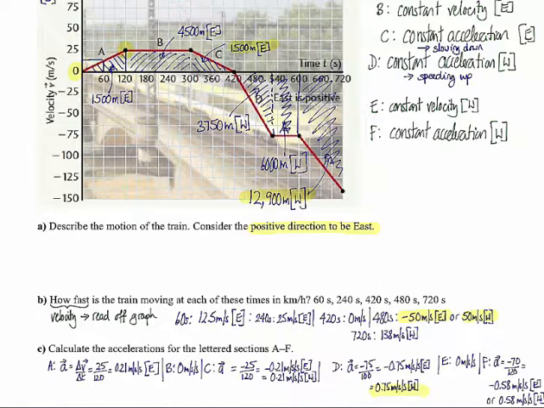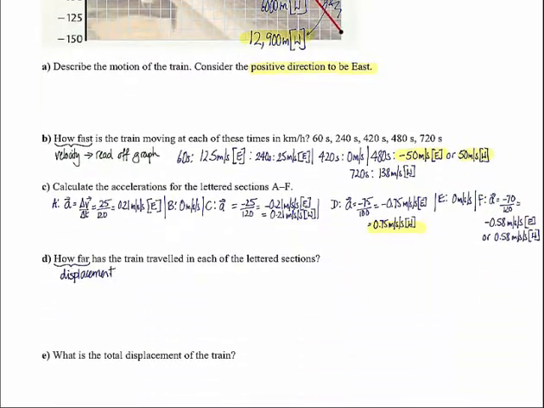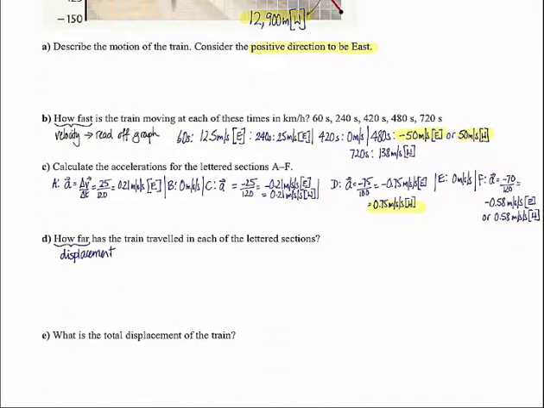And I'm always going all the way to the time axis. The last part of the question is to find the total displacement. To find the total displacement, all I have to do is add up the individual displacements, A plus B plus all of the different sections.